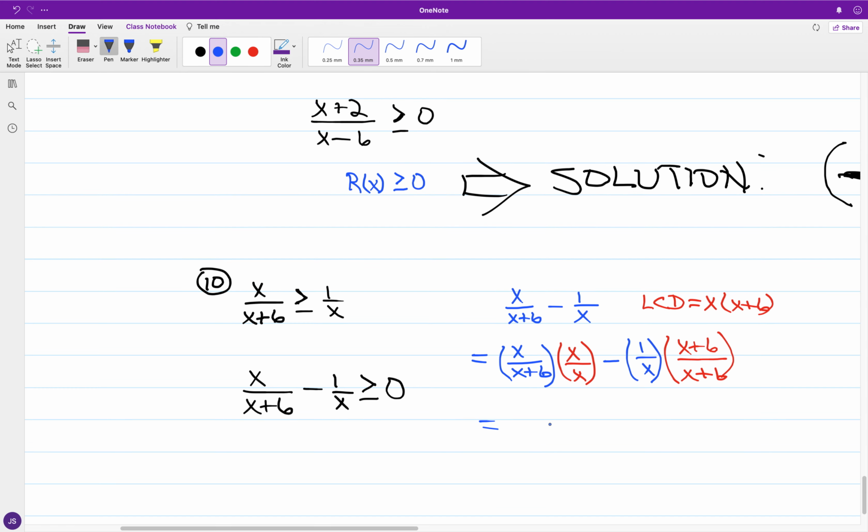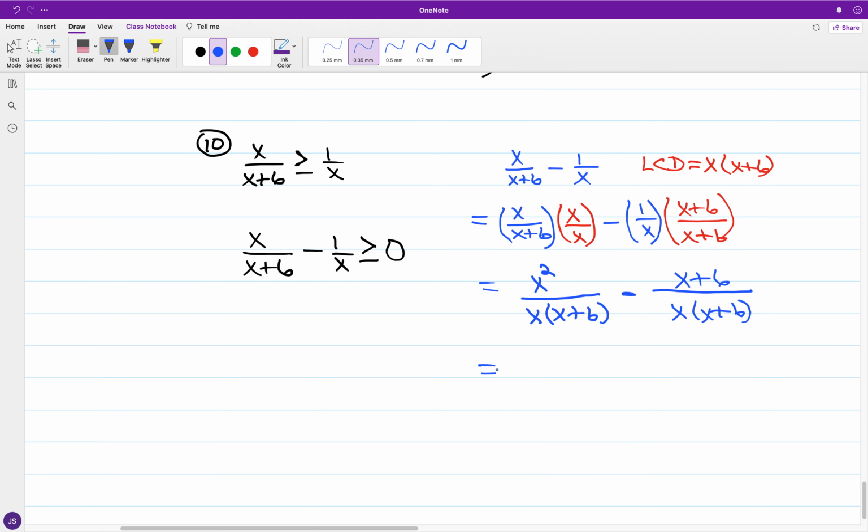And in the follow through, for the first ratio we have x squared all over x times the quantity of x plus 6, and I'm putting the subtraction at bay right now. With the second ratio, we have x plus 6 all over x times the quantity of x plus 6. So I have the same denominator for both of these, and I'm combining the numerator terms.